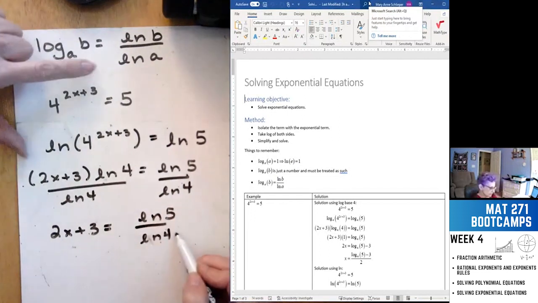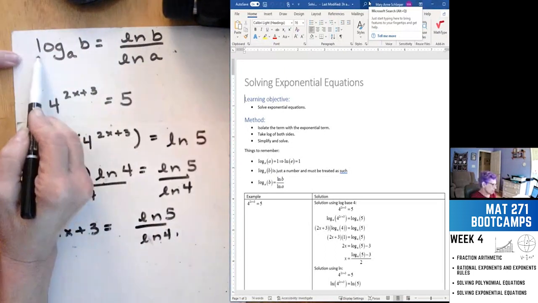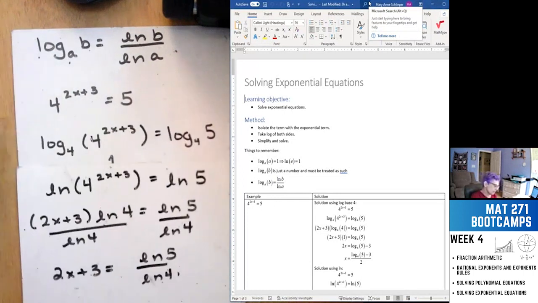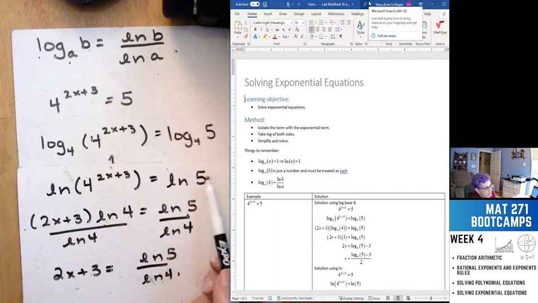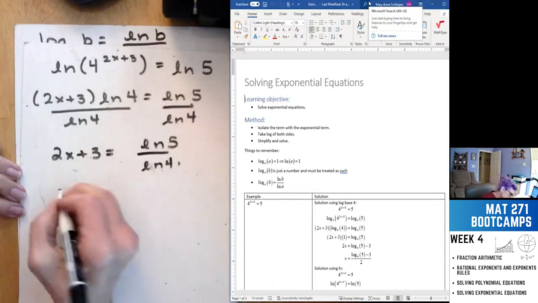Oh, look at that. Natural log of 5 over natural log of 4 is equal to log base 4 of 5. It's exactly what we had over here. So I'm getting the same darned answer. It just looks a little different.